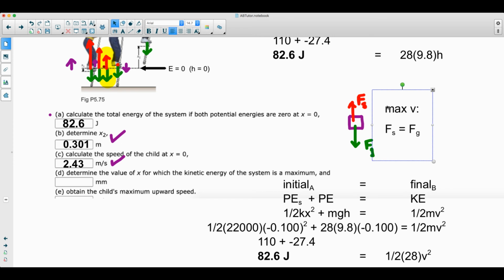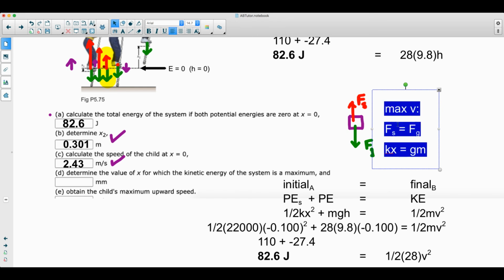Fs has to be Fg. And so then we can just do kx equals mg. As it turns out, we know k, we know m, we know g. So let me shrink this up so we can actually fit it into this little box over here.